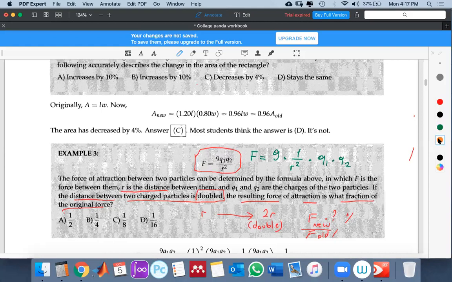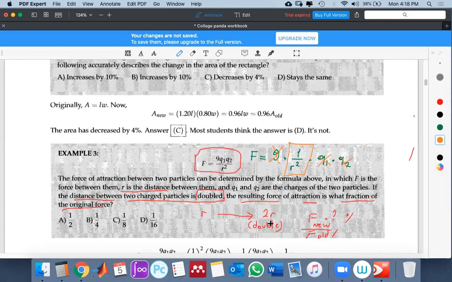In the new formula, we are just doubling R. We are not changing anything. So this doesn't make sense. It doesn't change anything. Why? In the new formula, I will have the same thing. So Q1 and Q2 also doesn't make sense. I am not changing. So even in the new formula, it will be Q1, Q2. What is being changed? This one is changed. So it was when R, it is 1 over R squared.